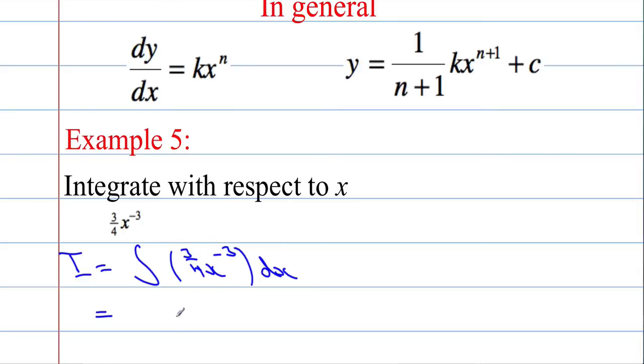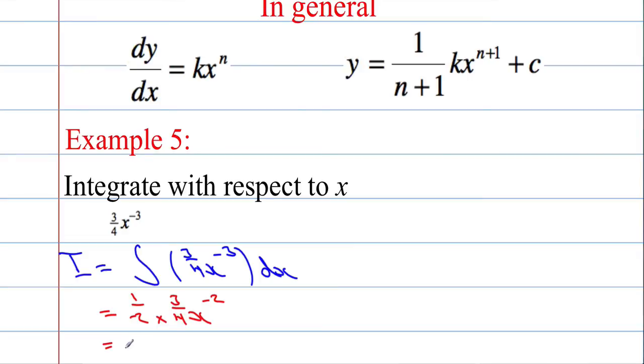I'll go back to them in a moment. But let's do it the way we've been doing them so far. So we're going to increase the power of x by 1. So increasing that power of x by 1, we get x to the negative 2. The coefficient of x, or k in this case, is 3 over 4. So let's leave it like 3 over 4. And we're going to multiply that by 1 over n plus 1. Well, n plus 1 is negative 2. So 1 over negative 2.